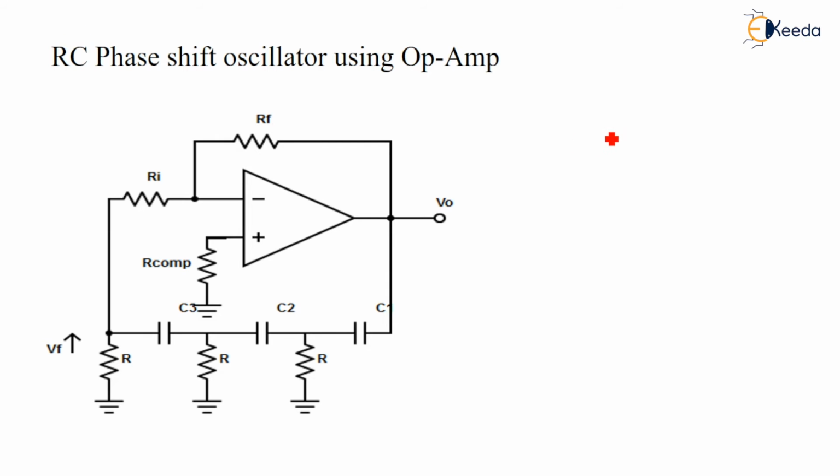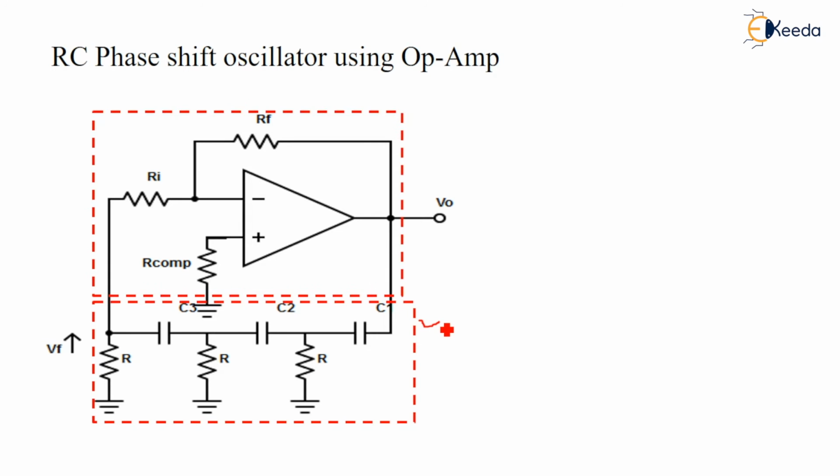Here it is an RC phase shift oscillator because the tank circuit is of resistor and capacitor combination. This is the feedback network and this one is the amplifier network. Here the input is given to the inverting terminal.